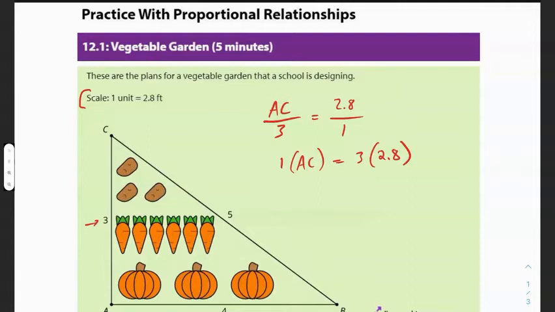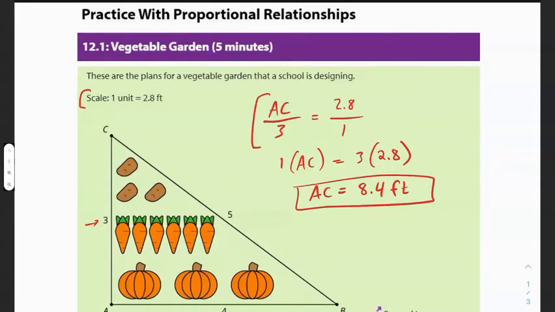You should get 8.4. 8.4 what? 8.4 feet. So this right here is a proportionality statement that allows me to solve for any missing piece.